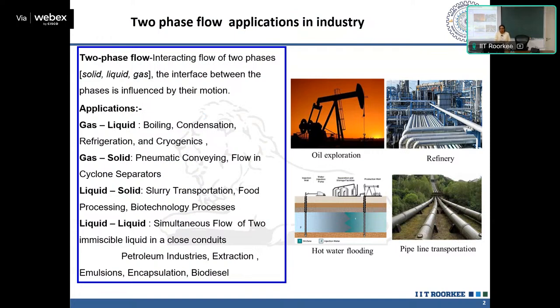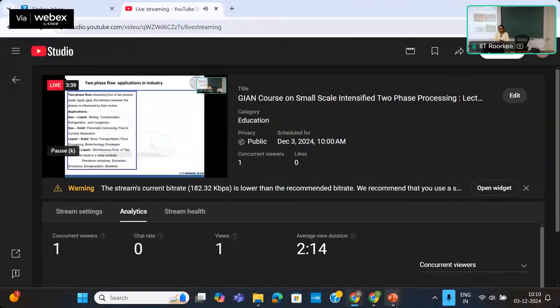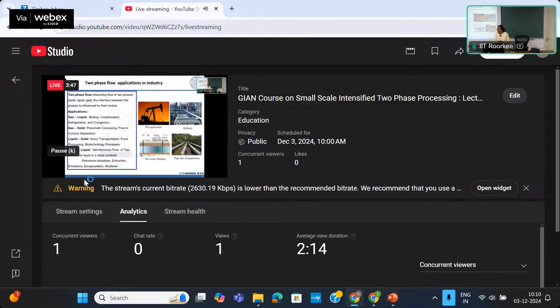And if the oil is getting depleted, sometimes we inject steam in order to extract more oil. So it is a mixture of at least two phases. There is steam coming out, and you have crude oil. So there are n number of examples we can think of for liquid or gas liquid two-phase flow.